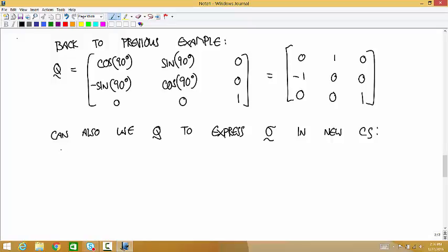In this case, the stress tensor in the new coordinate system is equal to the rotation matrix times the stress tensor in the old coordinate system times the transpose of the rotation matrix.